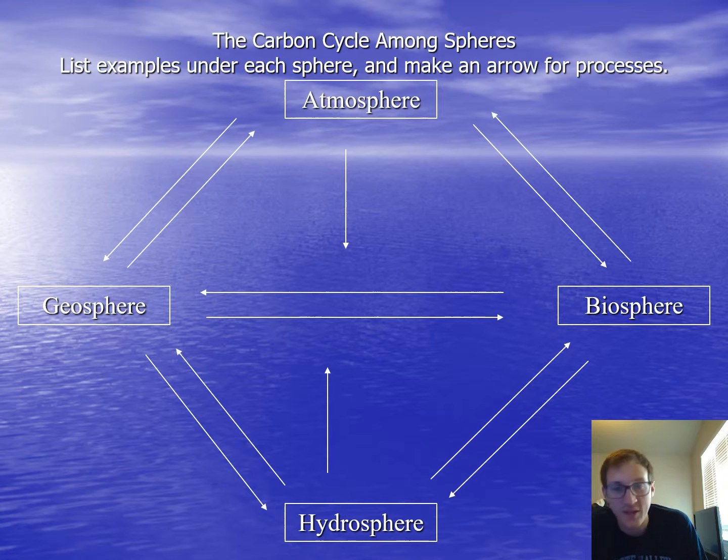Okay, so what I want you to think about, we've gone over a lot. Brainstorm real quick. I'm going to give you some time. Brainstorm some examples of how these interactions play out. Just any examples, think of them to yourself, write them down, whatever you need to do, but think of a way that the geosphere gives carbon to the atmosphere, and the atmosphere gives carbon to the geosphere, and likewise for all of these situations. Think about it for about a minute or so, and then we'll get right back to the video.